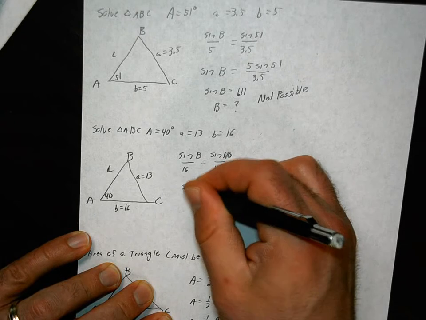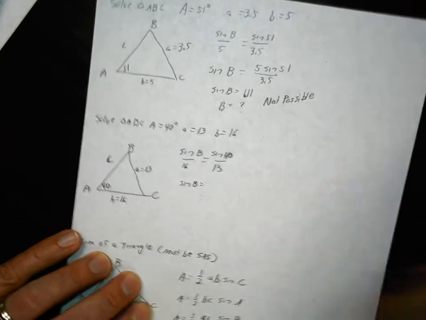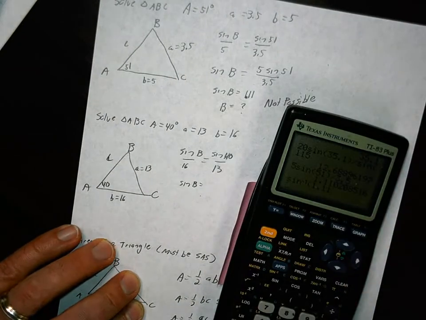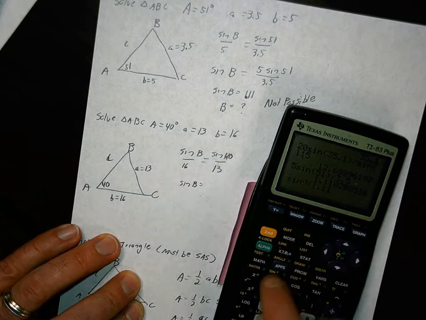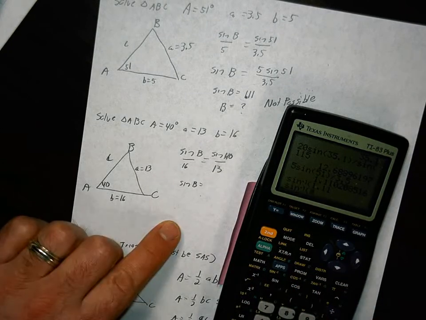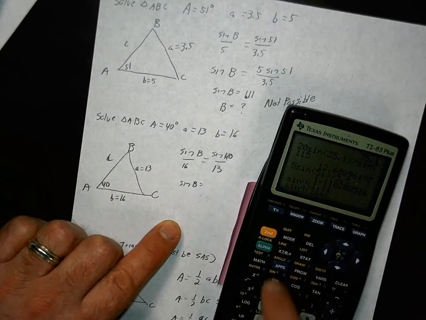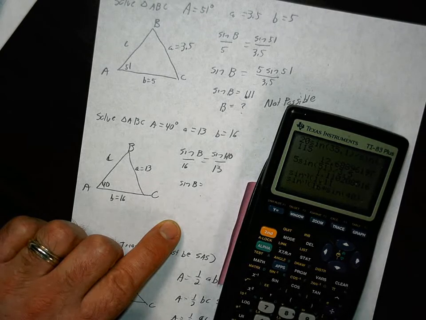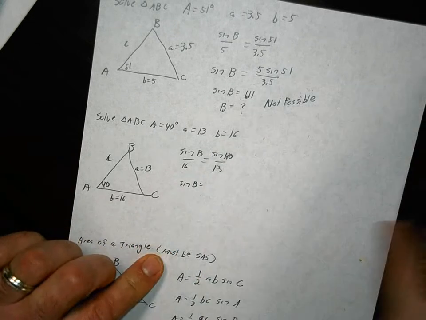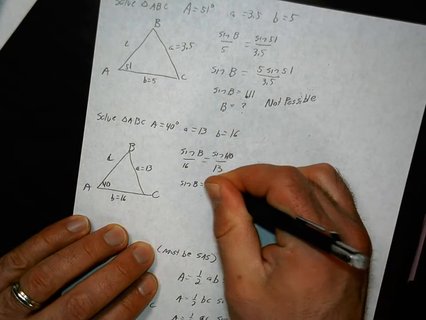Okay, so quickly we'll calculate that. I'm actually going to see if I can do the whole thing. Inverse sine of 16 times sine of 40 divided by 13, 52.3 degrees.